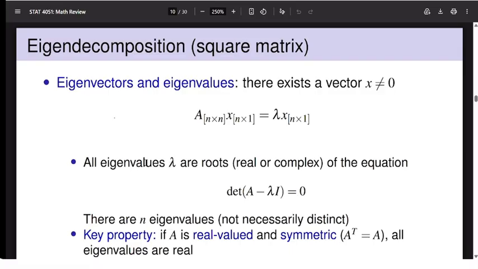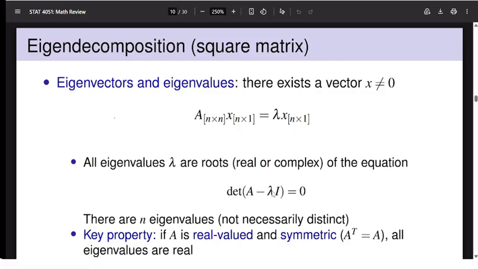If lambda represents the eigenvalues, and I'm seeking the characteristic roots, I actually want to find the value of each eigenvalue. I can do this by solving this equation: the matrix A minus lambda I, where I is the identity.